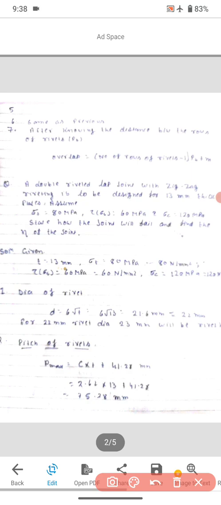Now I want to discuss a numerical on this topic. That is one numerical from the circumferential lap joint, and the second numerical will be on the longitudinal butt joint. Sorry, the first numerical will be the longitudinal butt joint, and the second numerical will be the circumferential lap joint.